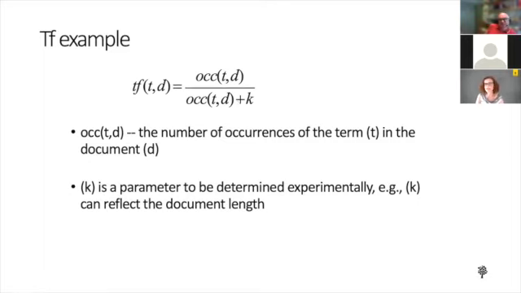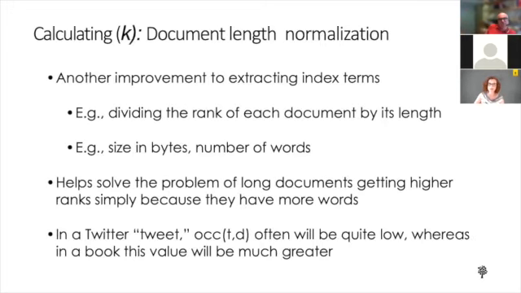It can indicate, for example, that if the term is found in the title, it should be given a higher weight. If it's found in the middle of a long book and only there, then it should have a different weight. But often K is really a parameter determined to reflect the document length. So if you have documents of different length in the collection, you can take that into account.